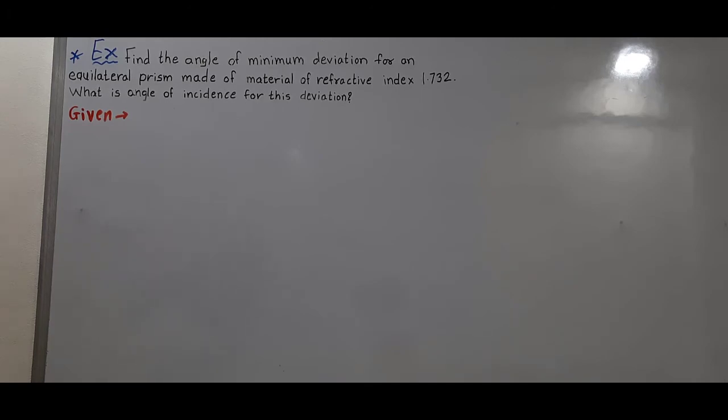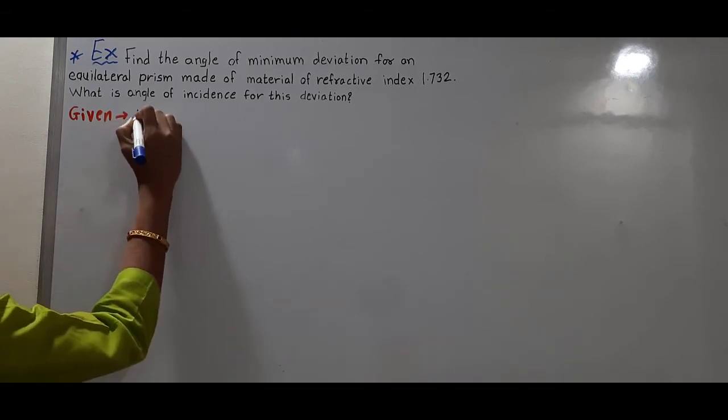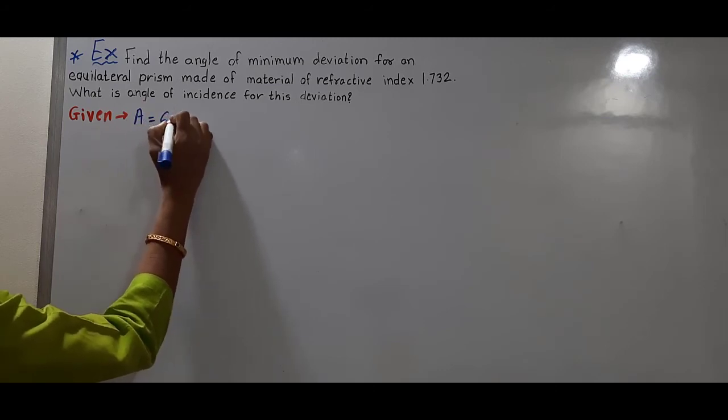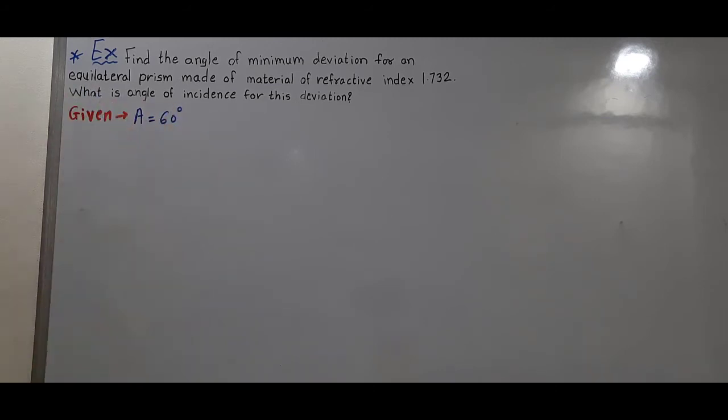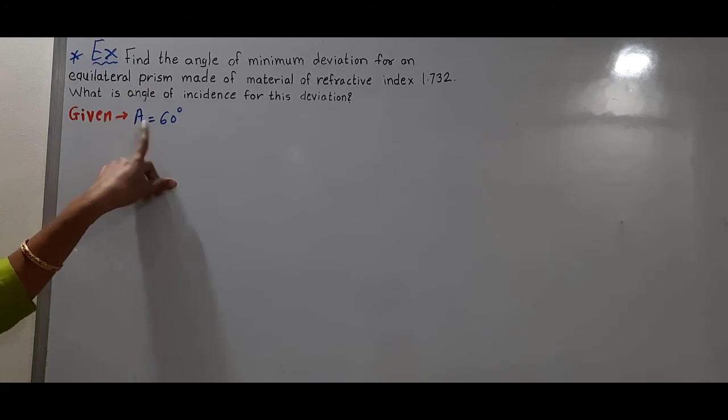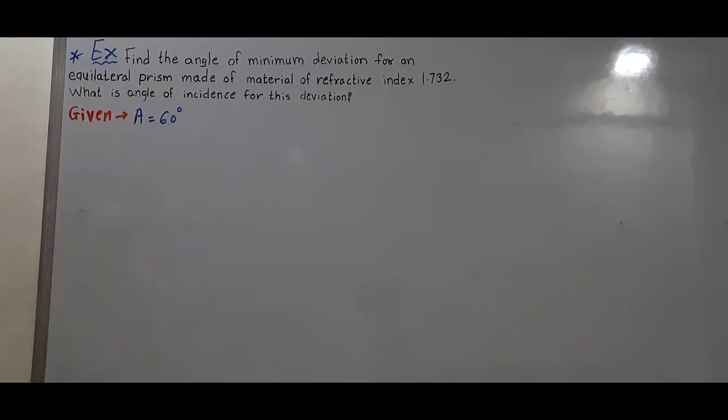In this problem, it is given that the equilateral prism has angle of prism A equal to 60 degree, because an equilateral triangle has each angle as 60 degree.